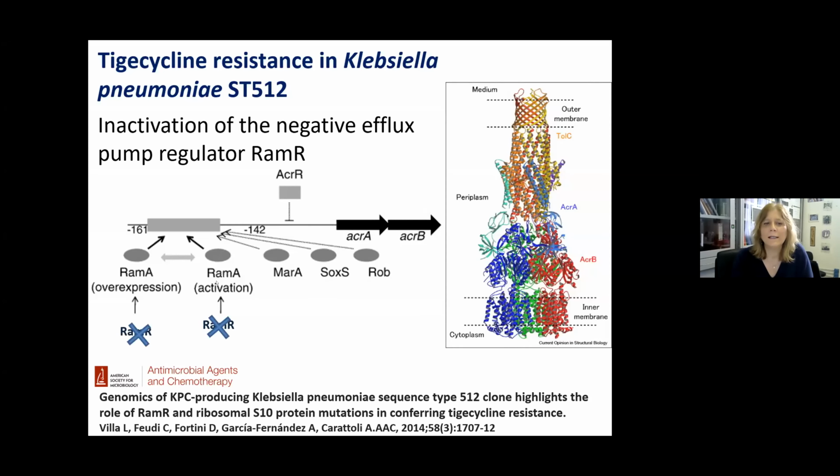One was the inactivation by premature translation termination, by a stop codon mostly in RamR, which is the negative regulator of RamA, which is the positive regulator of the AcrAB efflux pump. The efflux pump is here in the drawing; it is a way to decrease the intracellular concentration of the drug by actively effluxing it out, and it is done by two subunits that are encoded by this cluster.